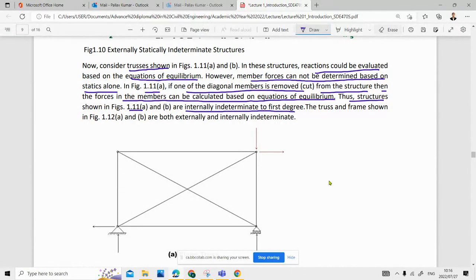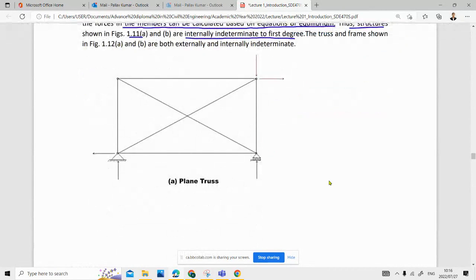So now, if you see your top structure, it is externally, and now they are explaining internally, right? So for the internal purpose, they say that if you see this truss, what is going to happen? You have 2, you have 1, so you get 3 and 3.